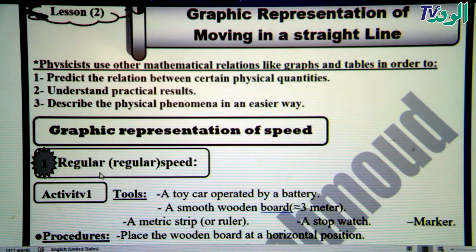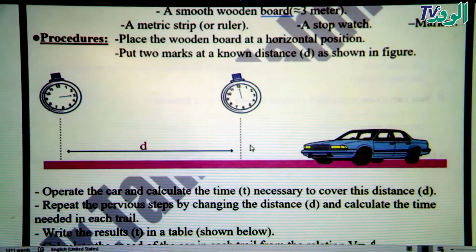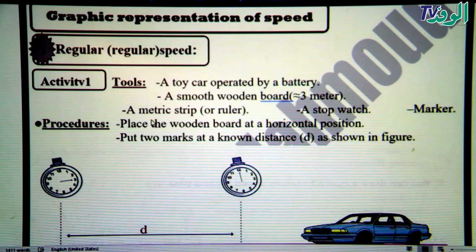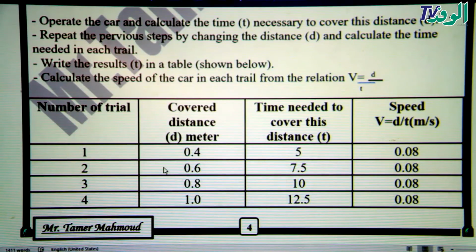The regular speed. We can get these tools: a toy car operated by a battery, a smooth wooden board, a metric strip or ruler, a stopwatch, and also a marker. Get a car, put it on the smooth wooden board, and study the results.